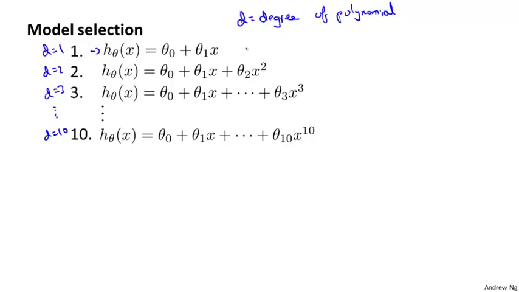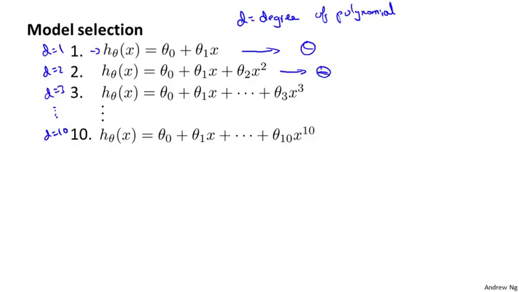You could first take your first model and minimize the training error, and this would give you some parameter vector theta. And you could then take your second model, the quadratic function, and fit that to your training set, and this will give you some other parameter vector theta.